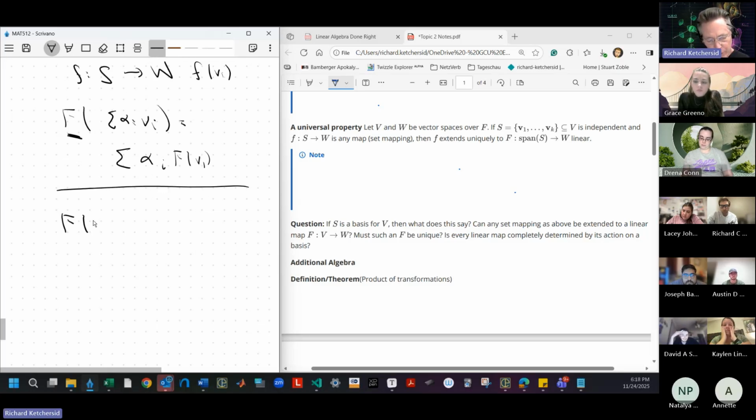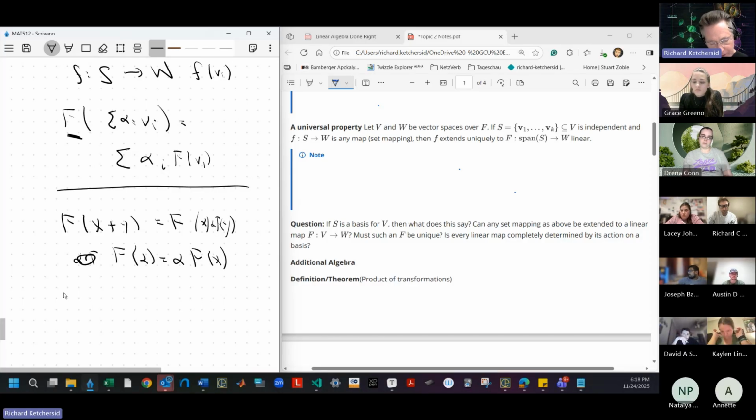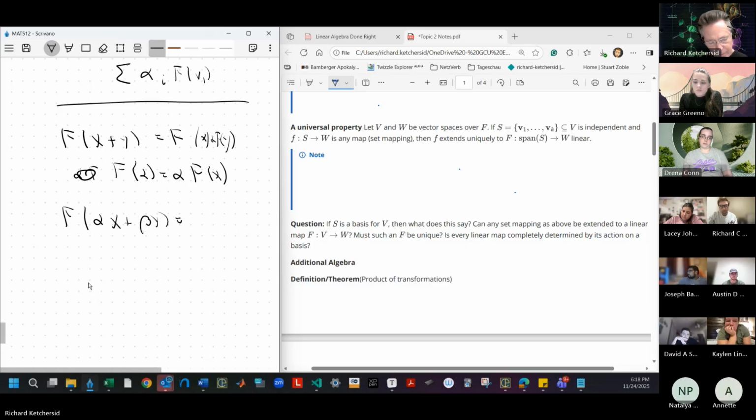We wrote it like this: f of x plus y equals f of x plus f of y, right? And then f of alpha x is alpha f of x, right? But putting these two things together, f of alpha x plus beta y, what is that? It's f of alpha x plus f of beta y. That's using the additive property, right?